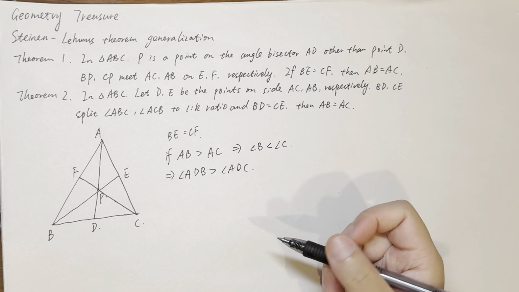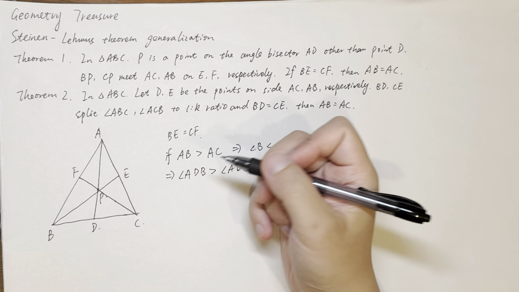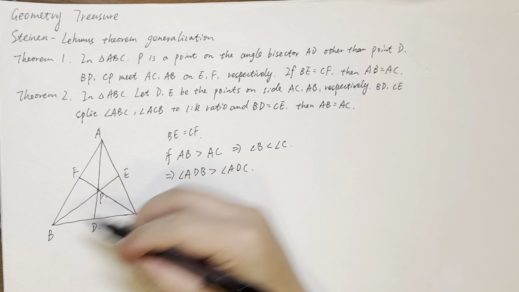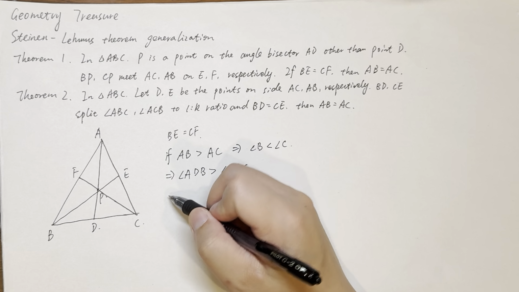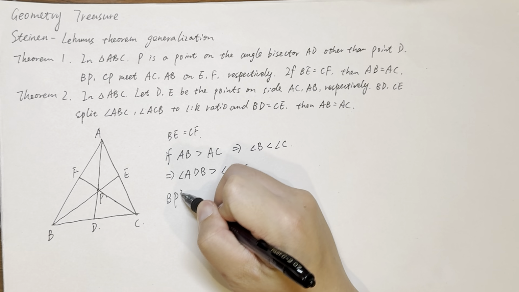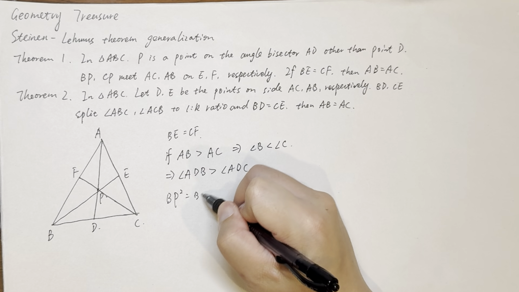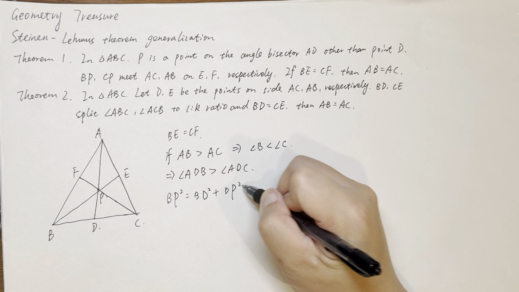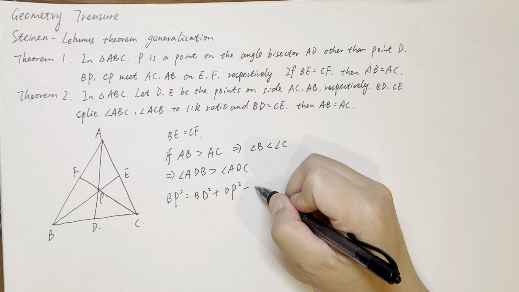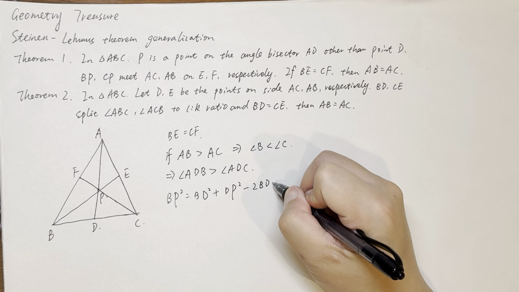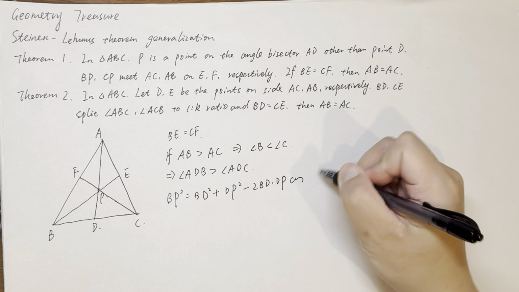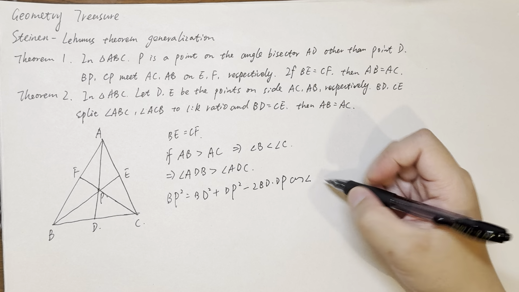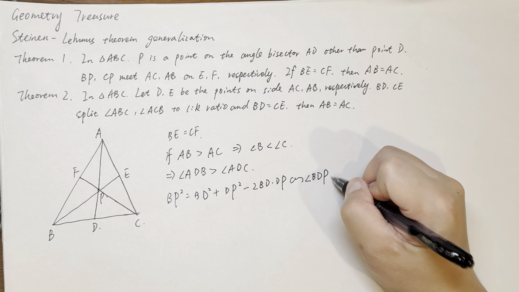So then we can use the cosine law to calculate BP and PC, right? So BP squared equals BD squared plus DP squared minus 2 BD DP cosine angle BDP.